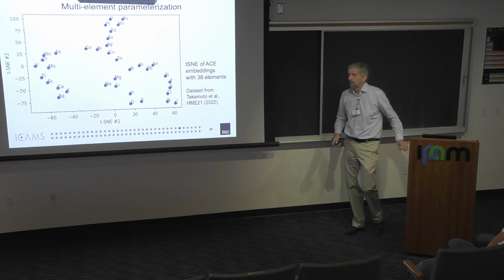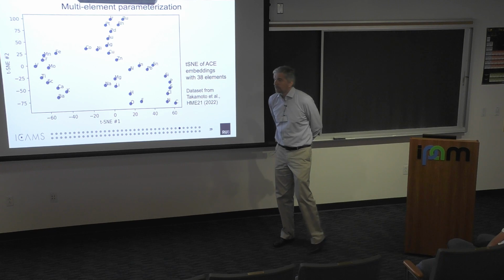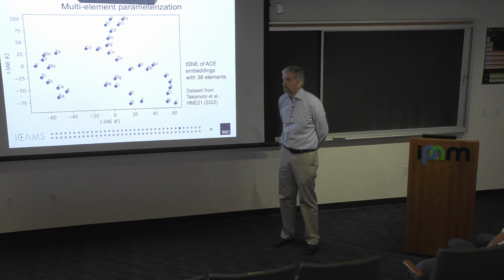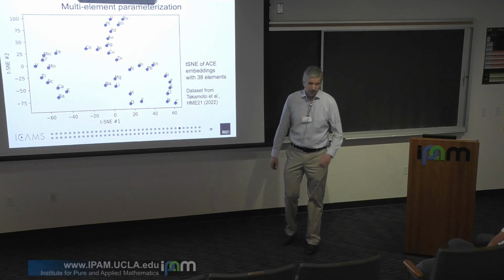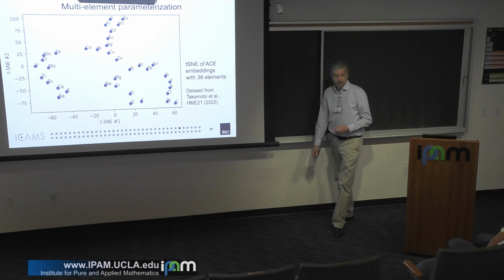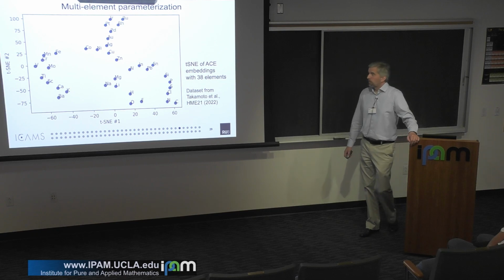Yes, please. So if I understand, these are the most important descriptors, right? If you take a 3-dimensional descriptor, would this look similar, or how important is the third one, so to say? I can't say quantitatively.